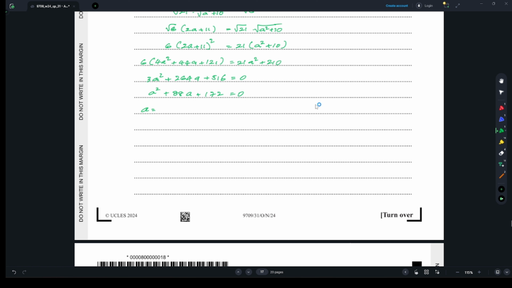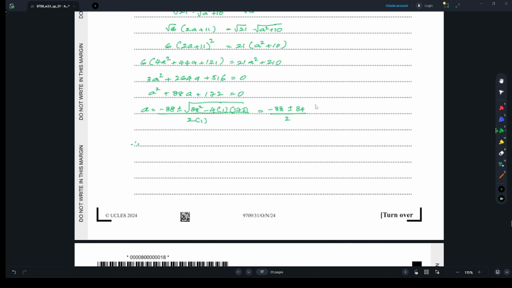So now you can use the formula for the quadratic equation. B is 88, so minus 88 plus or minus the square root of 88 squared minus 4 times A, where A is 1, times C, which is 172, divided by 2 times A, where A is 1. So you will have minus 88 plus or minus 84 divided by 2.